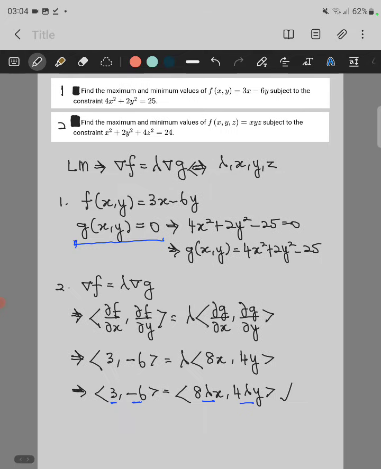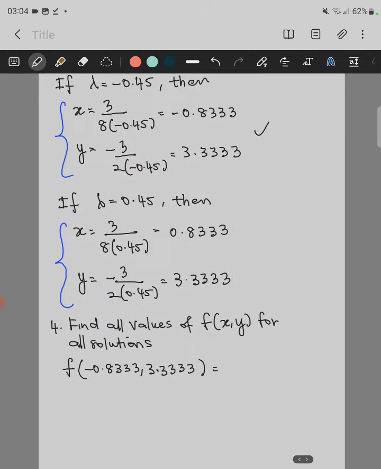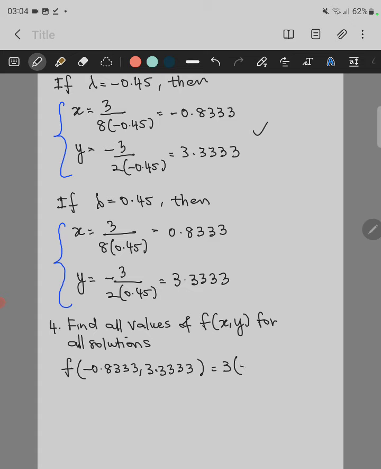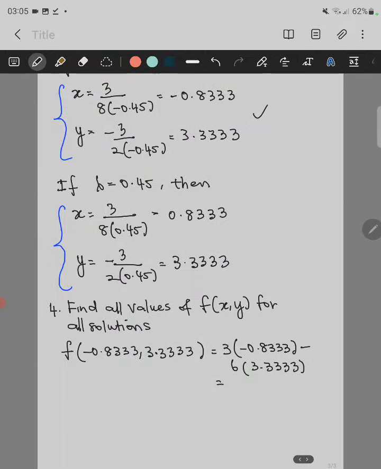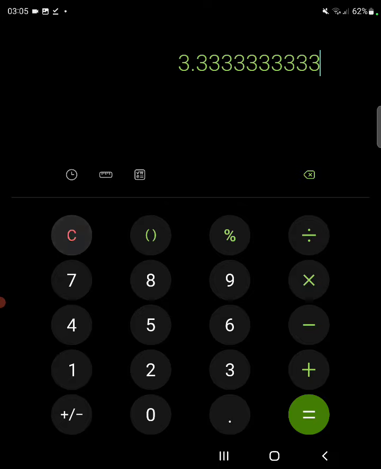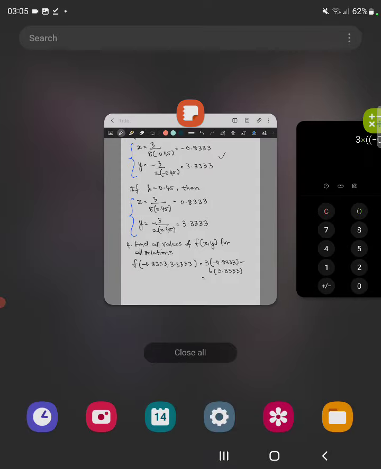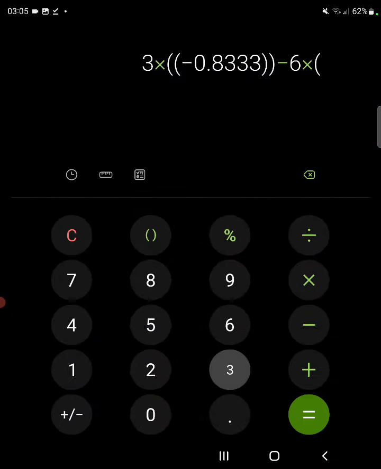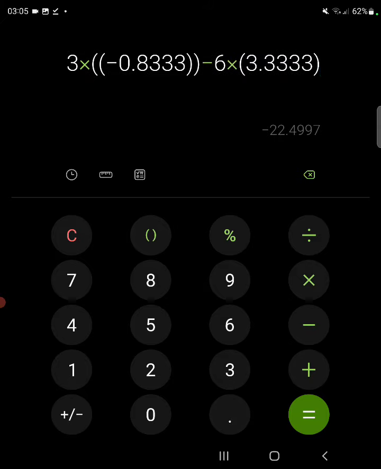Our f(x, y) is equal to 3x minus 6y. So 3 times minus 0.8333, and then minus 6 times 3.3333.